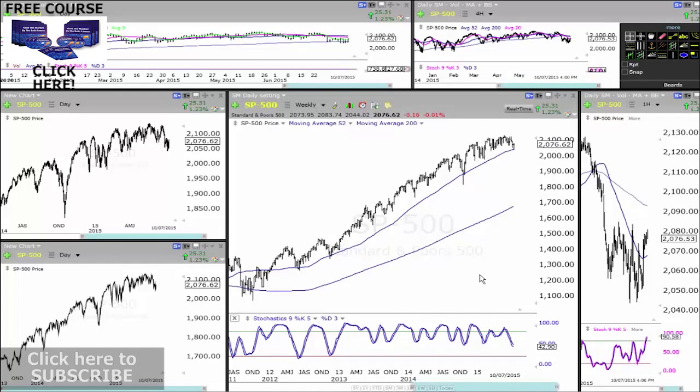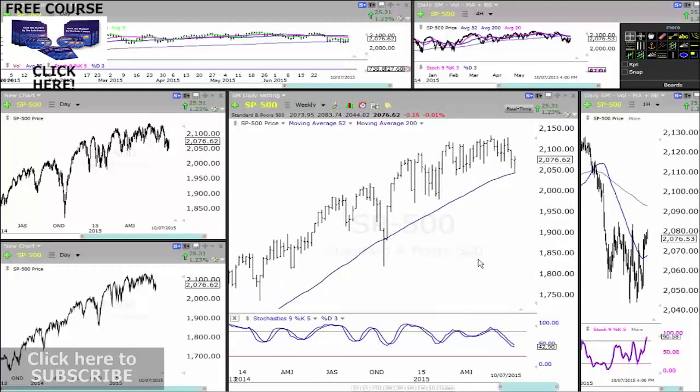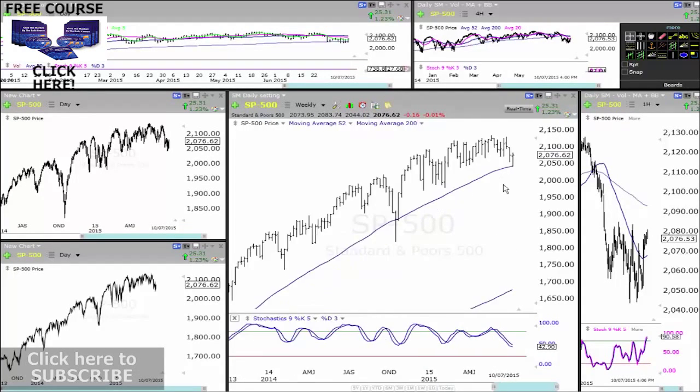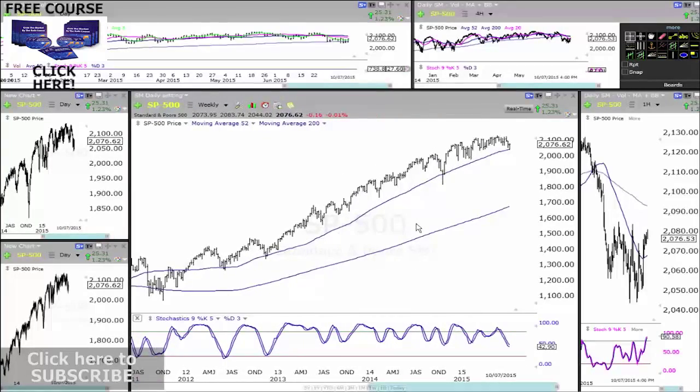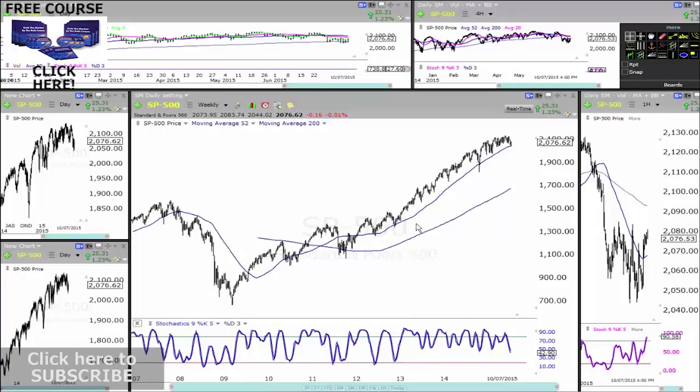So right now it looks like we're holding on to this here. But if you look at the weekly chart in a nutshell, the last time we had a bit of flat top action, the market ran up, bounced off here, ran up, and made a bit of a flat top, head and shoulder formation, whatever you're going to call it.